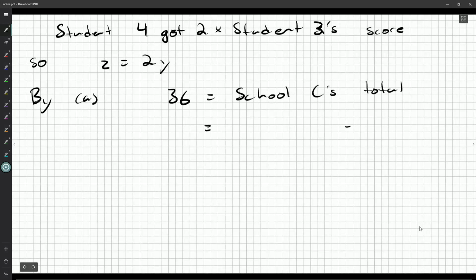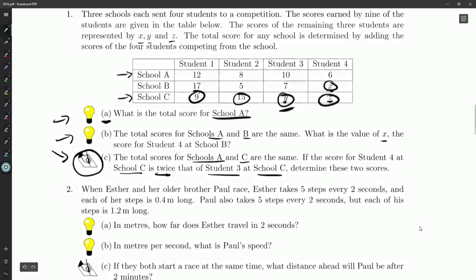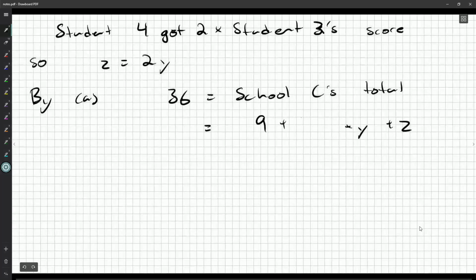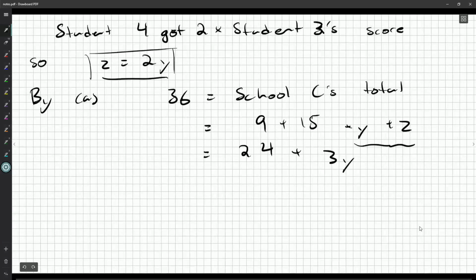And that is 9 plus 15 plus y plus z. Well, 9 and 15 is 24. And I know z is 2y, so we can actually combine these two into 3y.